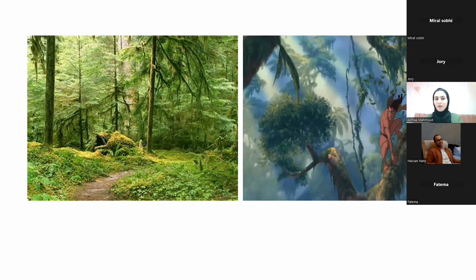In the forest, there are many plants and many animals like the lions, the cheetah, the monkeys. Okay, so we have some living organisms like some animals, cheetah, lion, and plants.